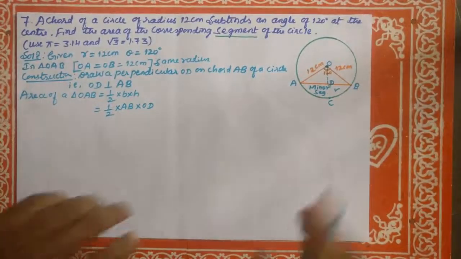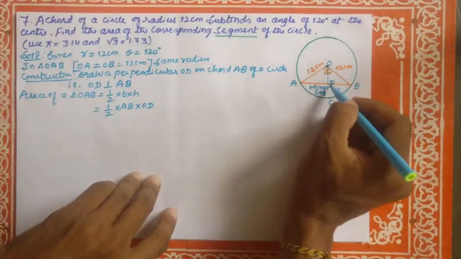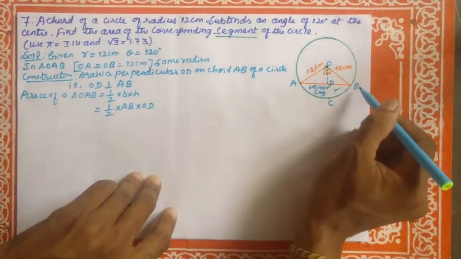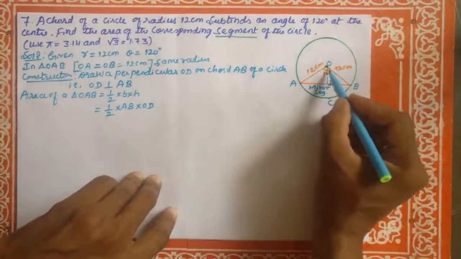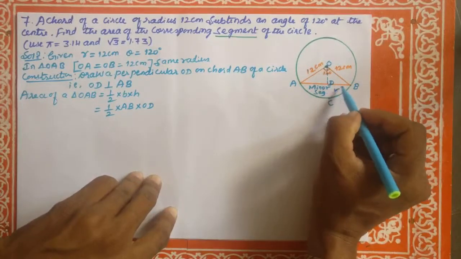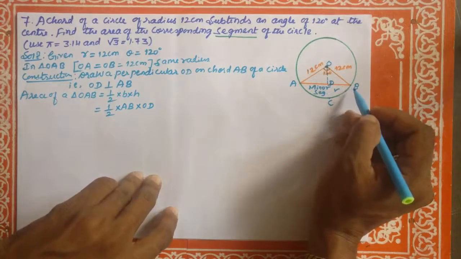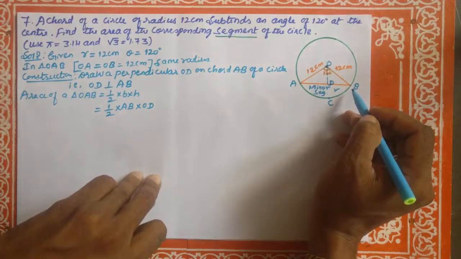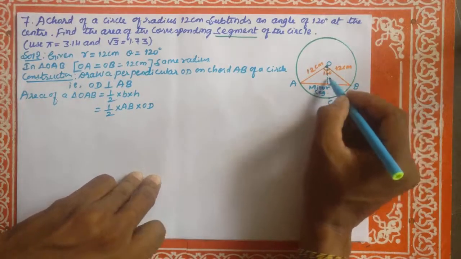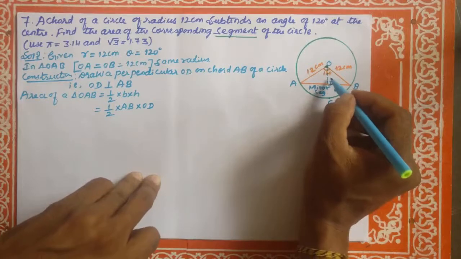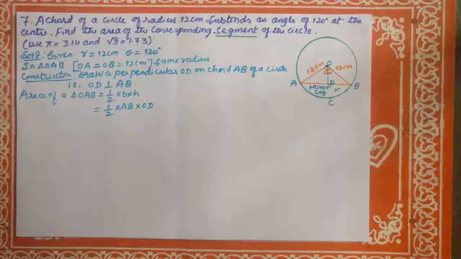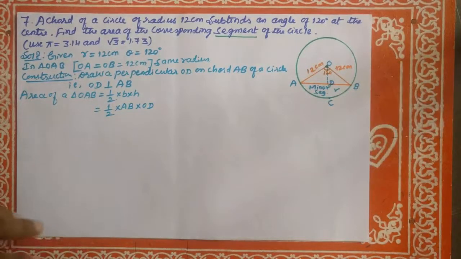So we need to find the OD value and AB value. By taking one right angle triangle, we can find the sides, the height, and also the base DB.